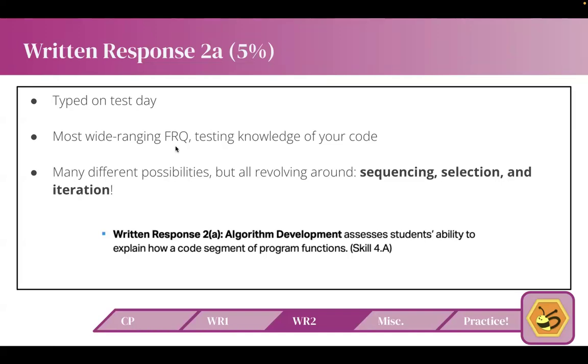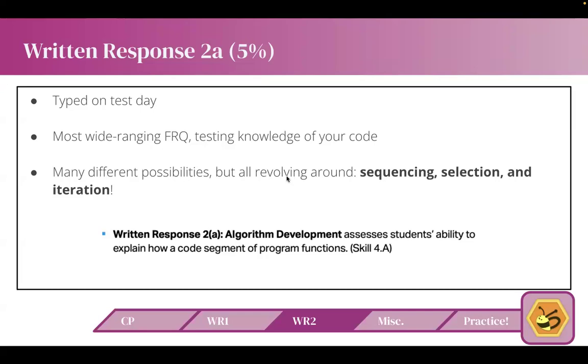All right, so written response two. This is again going to be typed on test day. And this is, in my opinion, the most wide-ranging response. So it's going to be testing knowledge of your code in general, right? If the last one was testing the context of your code, then this one's going to be testing the knowledge of your code, specifically your code, right? How does it work? That's really what 2 is all about, but 2A specifically.